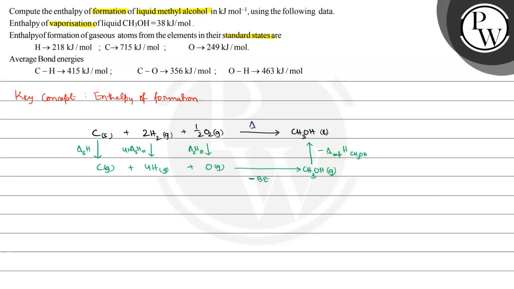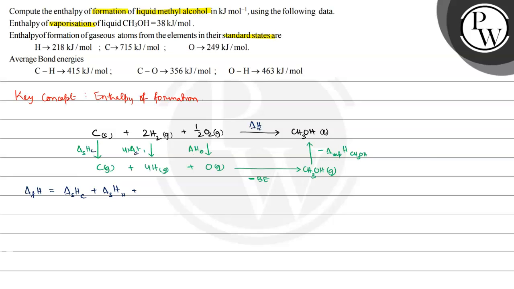So the net enthalpy change is delta HR or delta HF, and this is equal to first heat of sublimation of carbon, that is 715 kilojoule per mole. So this is heat of sublimation of carbon plus 4 into heat of sublimation of hydrogen, so delta SH for hydrogen plus heat of sublimation of oxygen. So here these are not heat of sublimations, these are heats of atomization.